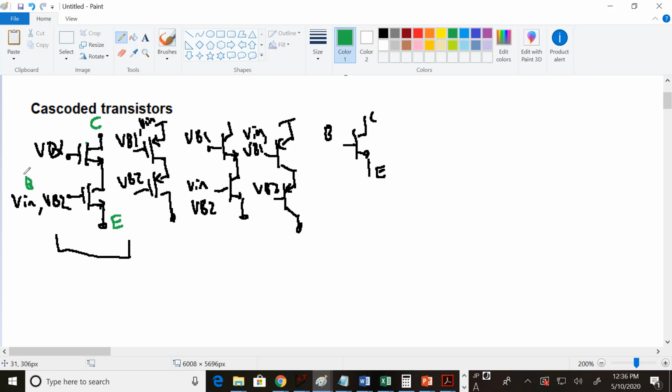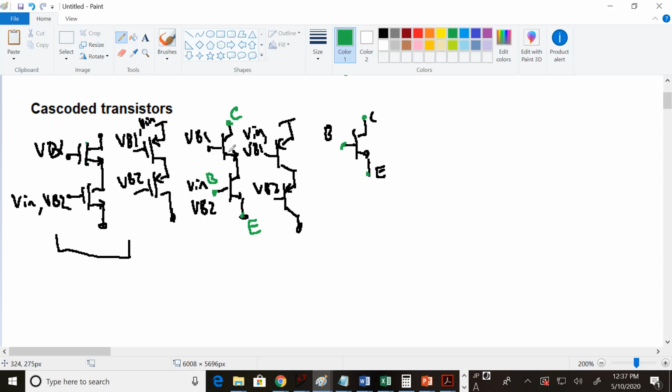So this would be your collector, your emitter, and your base, and this, with the internal circuitry, is not considered a terminal. So you've got your collector, your base, and your emitter. And you can see this is a 3-terminal device.